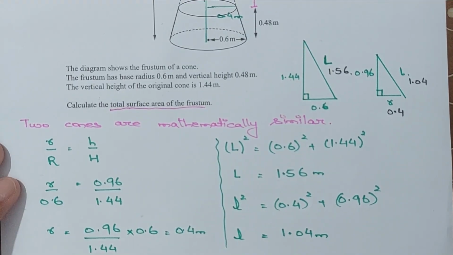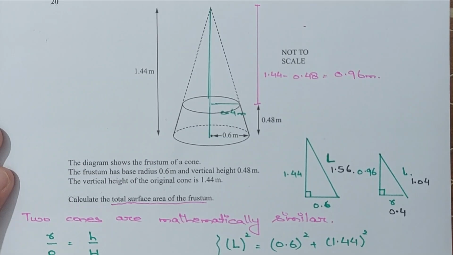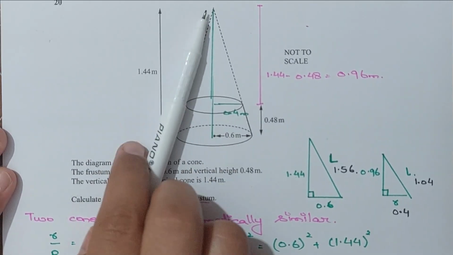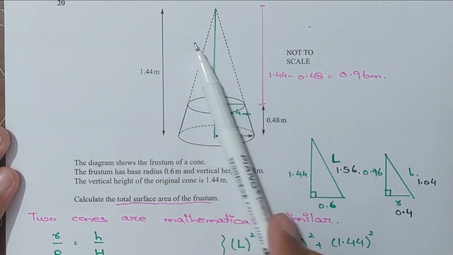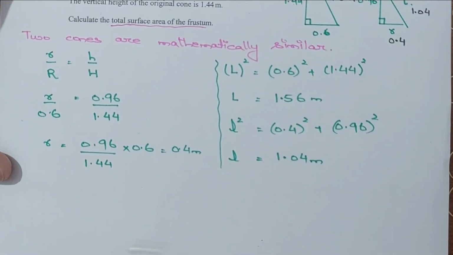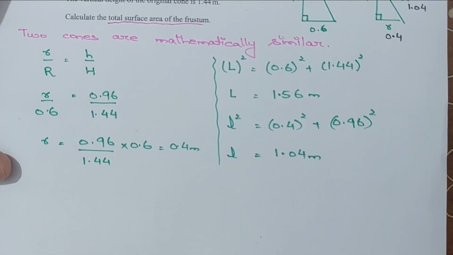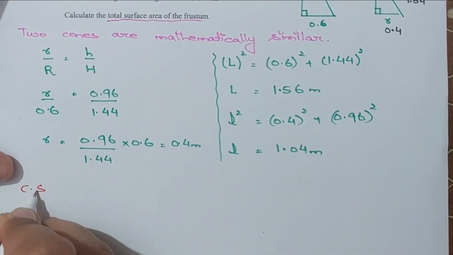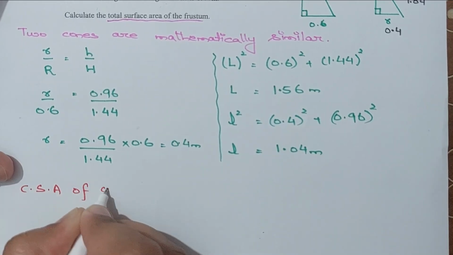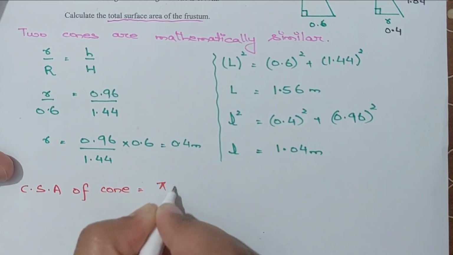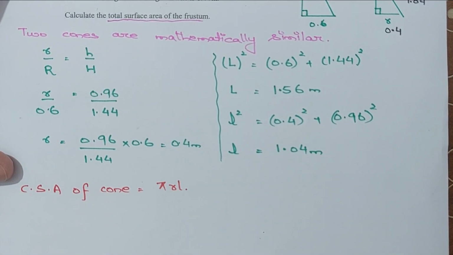Now to get the curved surface area of the frustum, we have to find the curved surface area of the larger one and subtract the smaller one. So let's work out the curved surface area of a cone. The curved surface area of a cone equals pi r l. That is a formula, right?